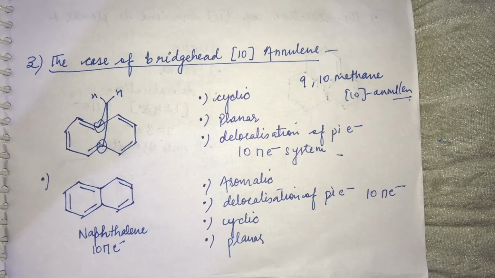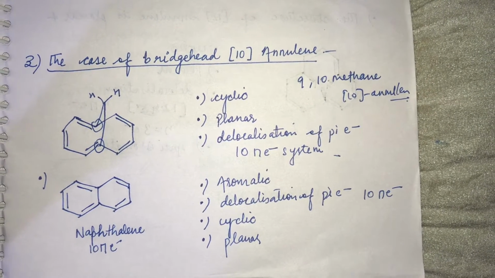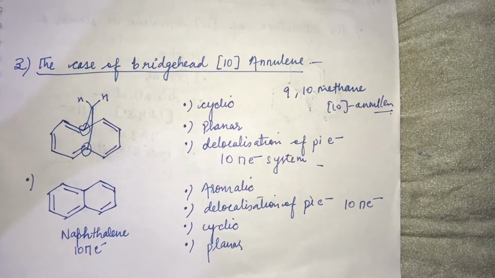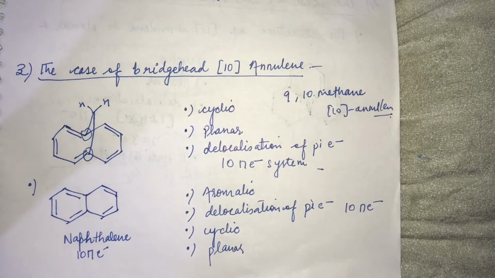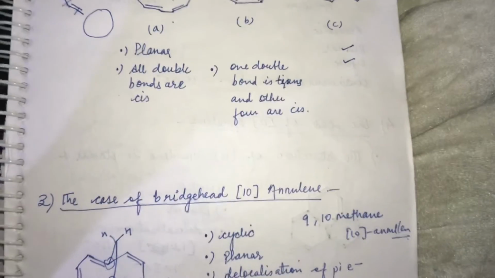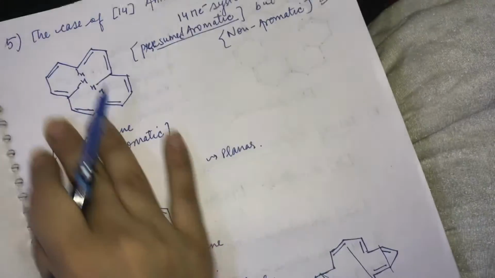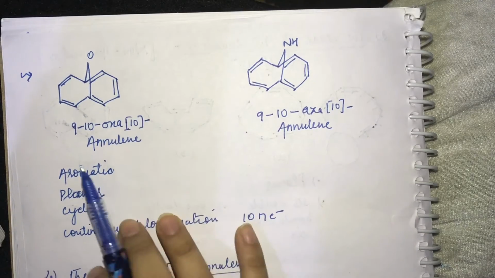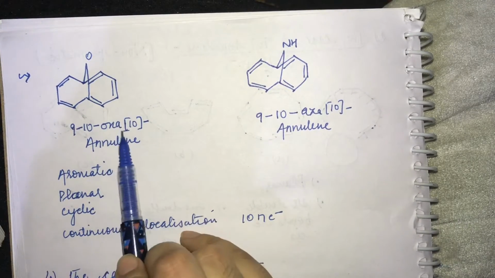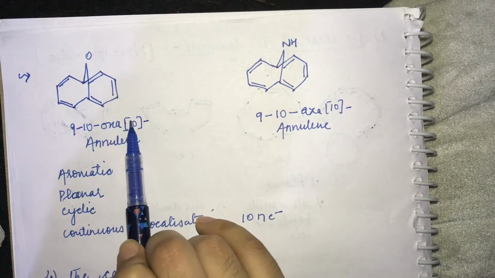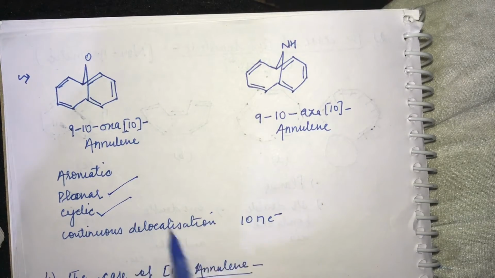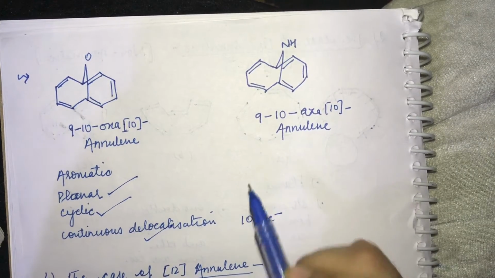Similarly to the methylene bridge on the 10-annulene, oxygen and nitrogen bridges are analogous and are also considered aromatic compounds, as we can see in the structure that I have been showing here. You can see that this 9,10-oxa-10-annulene is an aromatic ring, fulfilling the conditions of cyclic, planar and continuous delocalization, having 10 pi electrons.